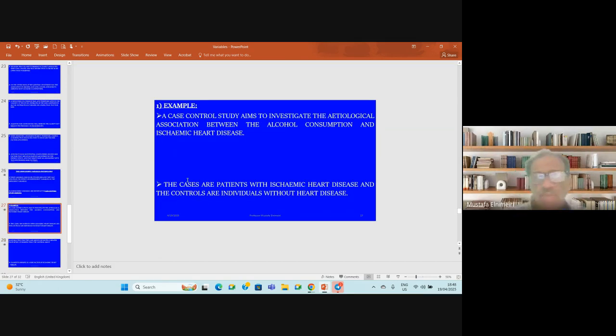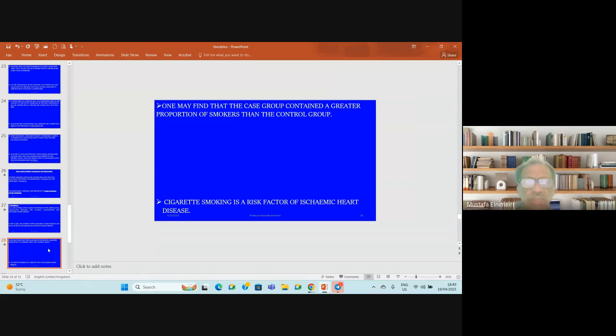For example, take a case control study of the relationship between alcohol consumption and ischemic heart disease. The cases are patients with ischemic heart disease, and the controls are individuals without heart disease, as in a classical case control. One may find that the case group contained a greater proportion of smokers than the control group, and cigarette smoking is a risk factor of ischemic heart disease.